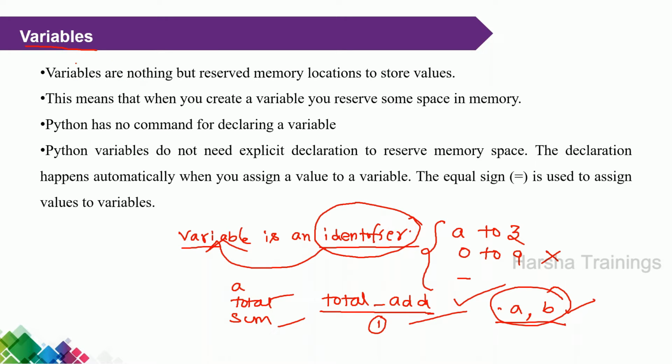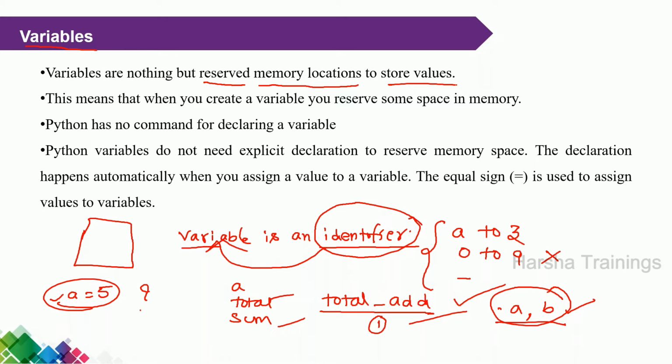Whenever we are creating a variable in the program, what happens? Some memory is assigned. For example, if I write the statement a = 5, where is 5 stored? We have to create some memory, and in that memory location the value is stored. So variables are nothing but reserved memory locations to store values.